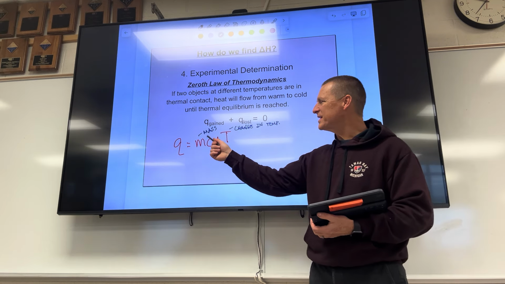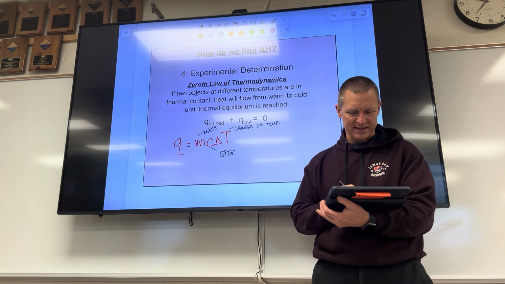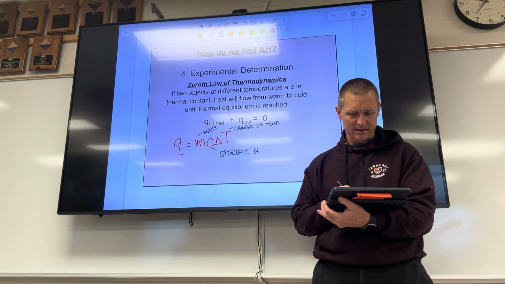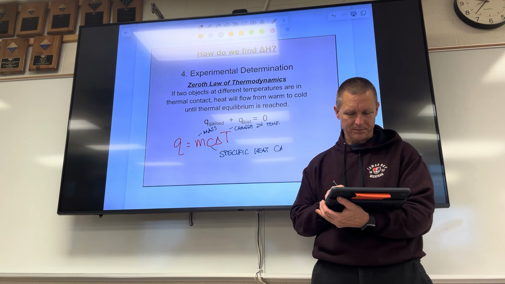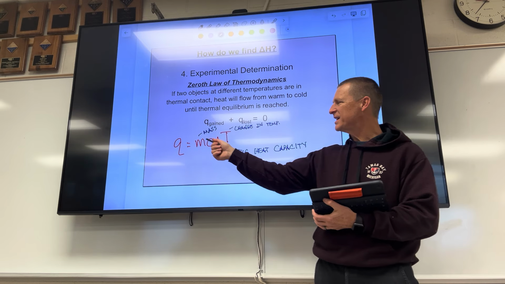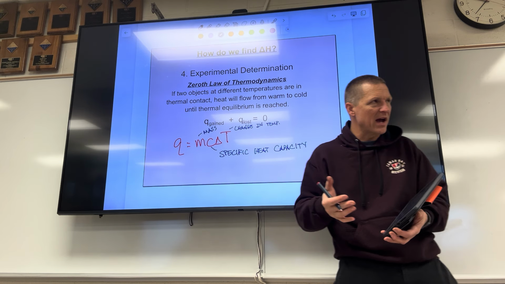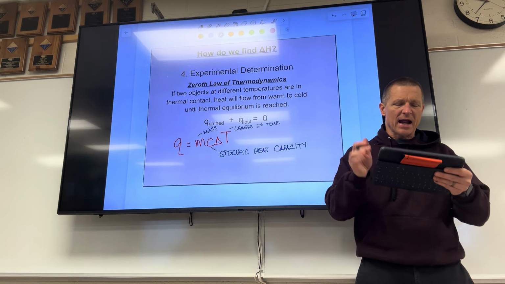Now I saved this C for the last one. C represents the specific heat capacity. That is the term C here. Now every substance has its own C value. It's a property of matter. And I'll just mention this.